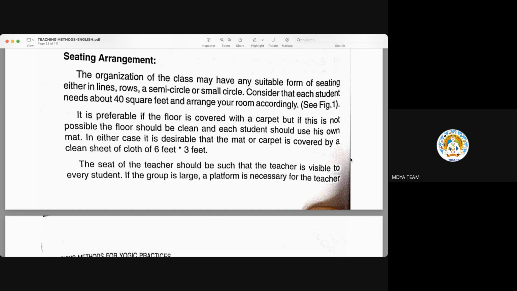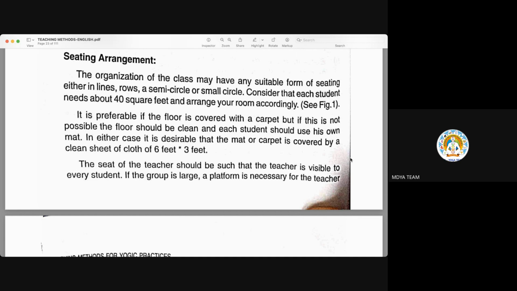They bring their own mat, or maybe the institute provides it, and it is their responsibility to keep the class and the mat clean. In either case, it is desirable that the mat or carpet is covered by a clean sheet of cloth, 6 feet by 3 feet. So this is the normal size of a mat or a cloth.